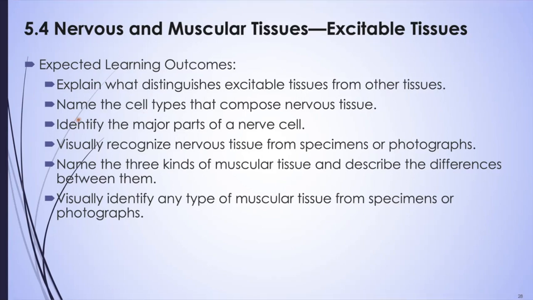Important to be able to name those. You should be able to identify the major parts of a nerve cell and visually recognize nervous tissue from specimens, looking at a picture or an actual specimen. You should be able to name three different types of muscular tissue and describe the differences between them. Last but not least, visually identify any type of muscular tissue from looking at a specimen or an actual photograph.